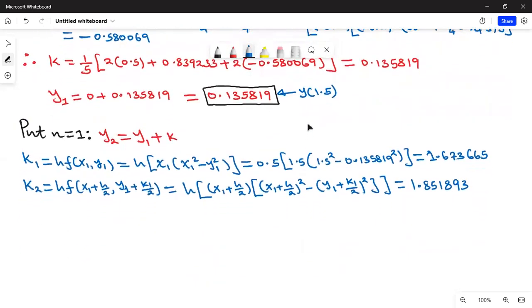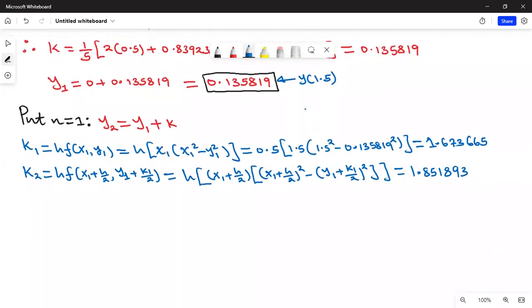Proceed to find K3. So our K3 is given by h times f of x1 plus h over 2, y1 plus k2 over 2.